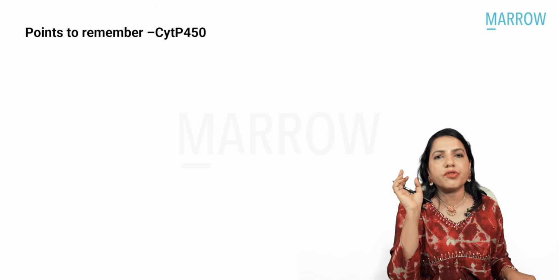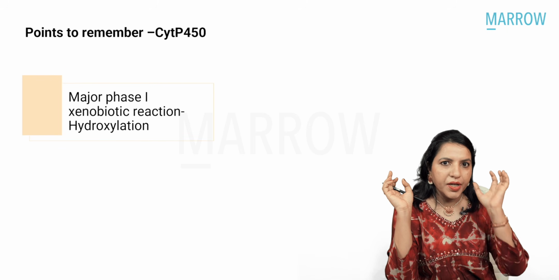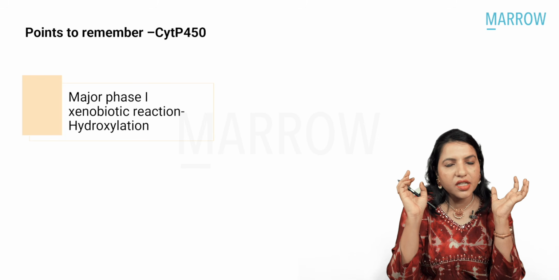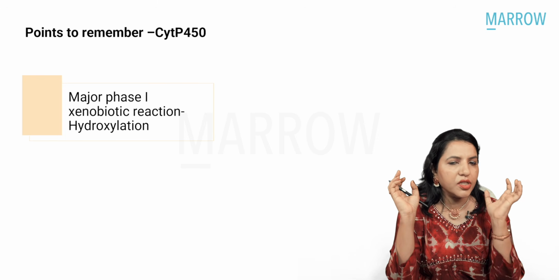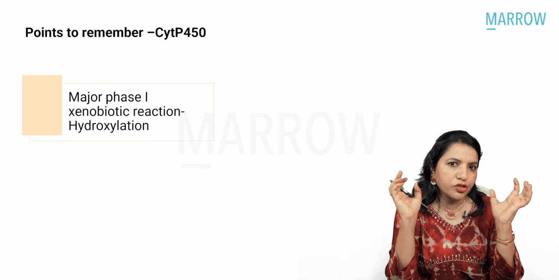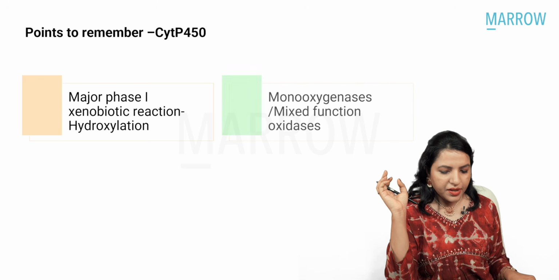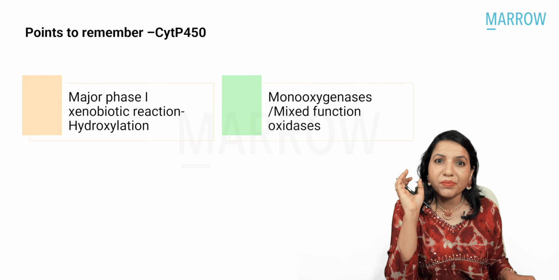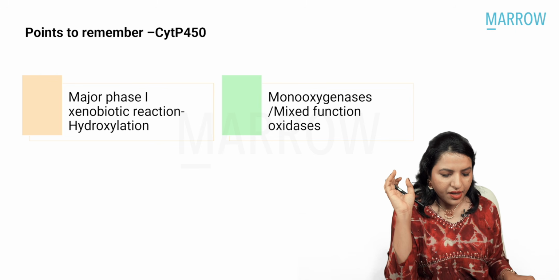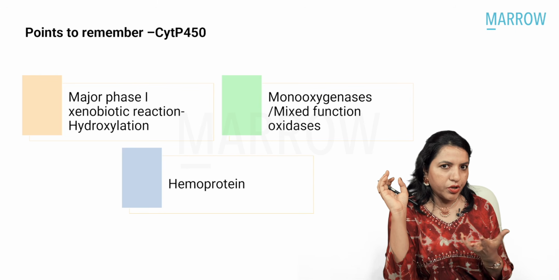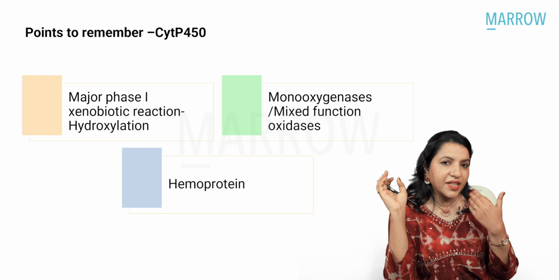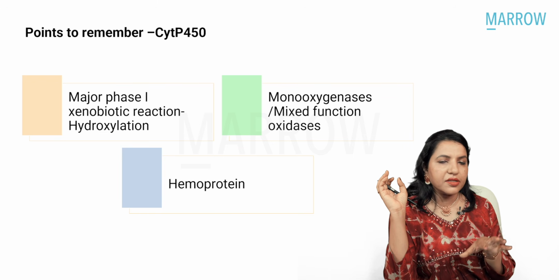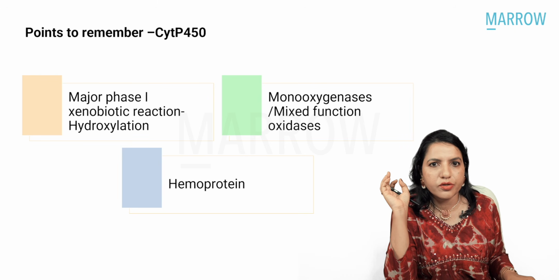A few points to remember about cytochrome P450. One, this is a major component involved in the phase 1 xenobiotic reaction, that is, the hydroxylation reaction. The second is that it is a monooxygenase. The other name for monooxygenase is mixed function oxidase. Then it is a hemoprotein because almost all cytochromes contain heme.